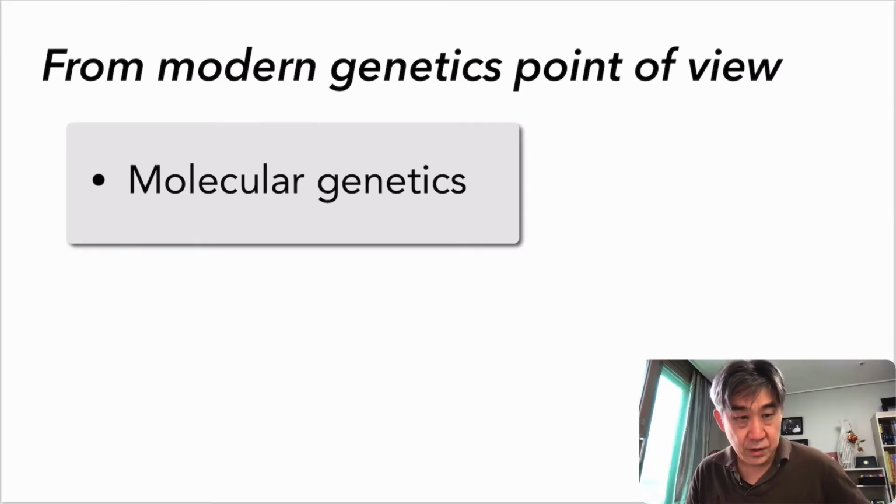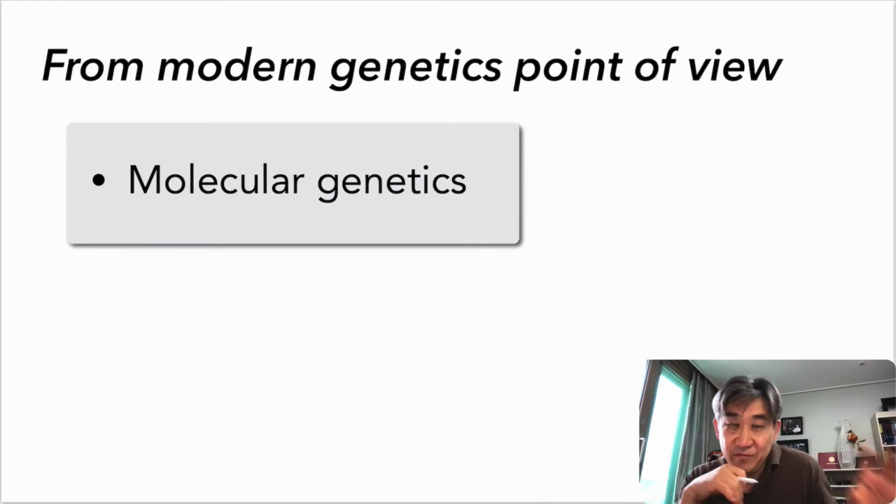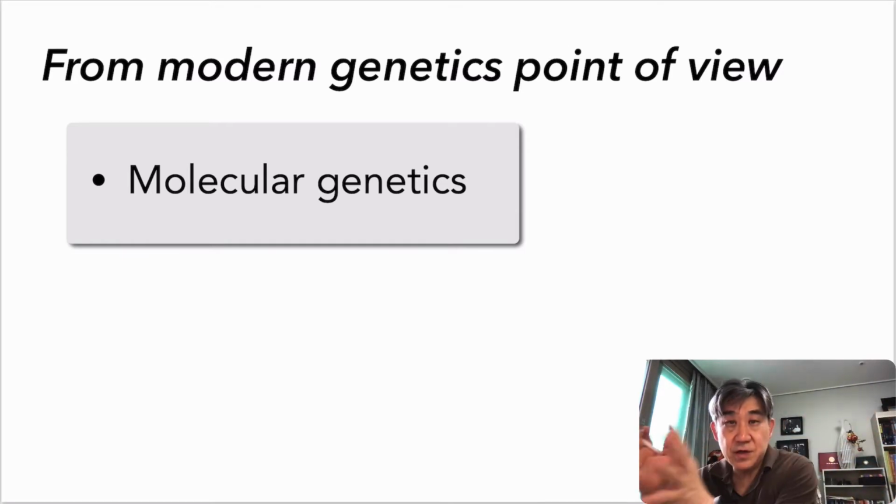So, in continuation to the first session of the lecture, now let's try to define genes from the perspective of the modern molecular genetics point of view. In classical genetics, the gene was viewed as a factor that defines the characters.